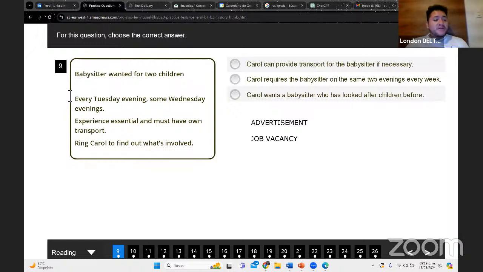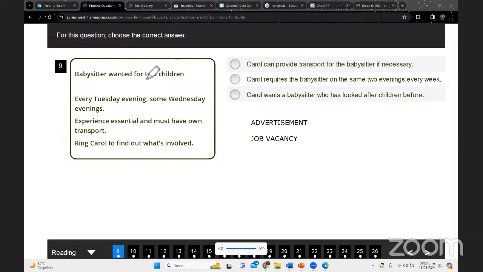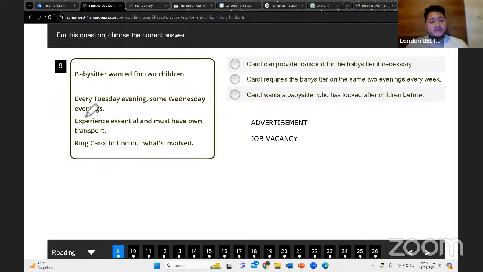What do you think are the keywords in this information, in this text? What are the keywords? Babysitter, transport, evenings. So the requirements, right? We have every Tuesday, experience, transport, and ring, call.